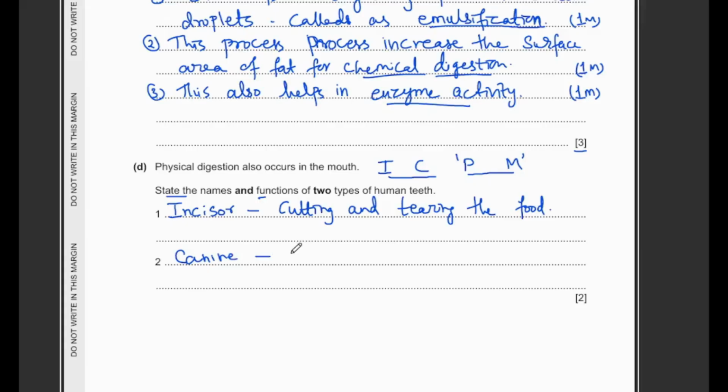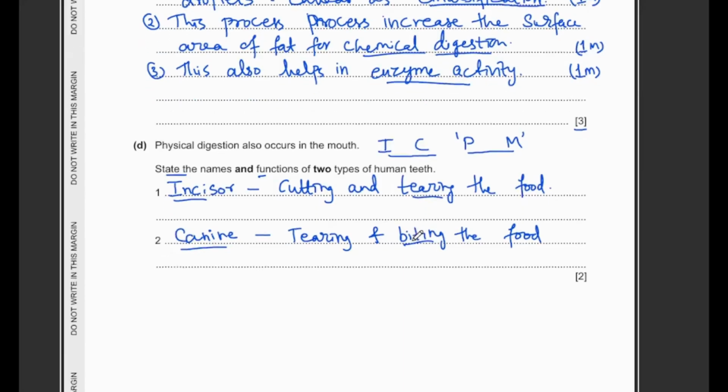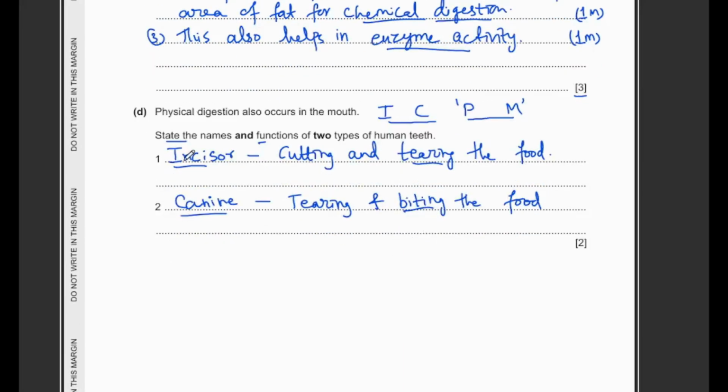It helps in tearing, and you can write slicing or biting the food. So we got the function as well as the name of the teeth, right? So we got 2 marks again here. Let's move. So underlined words are these, no? These are the keywords that the examiner is looking at. This will help you to get marks.